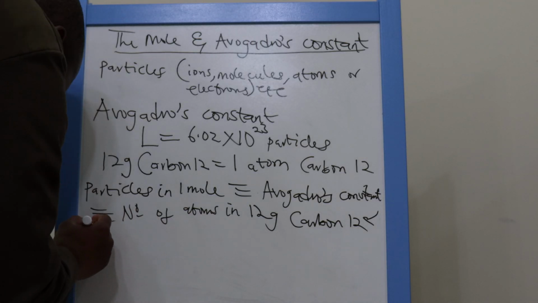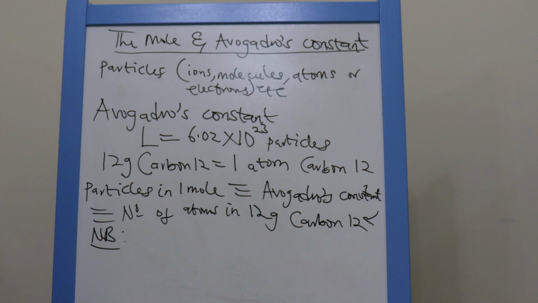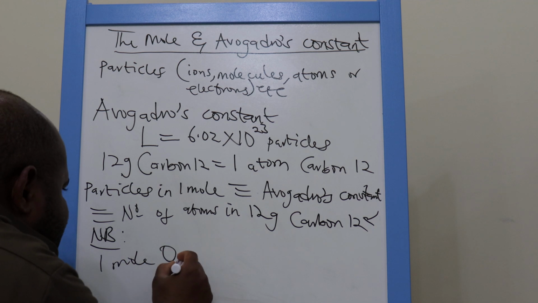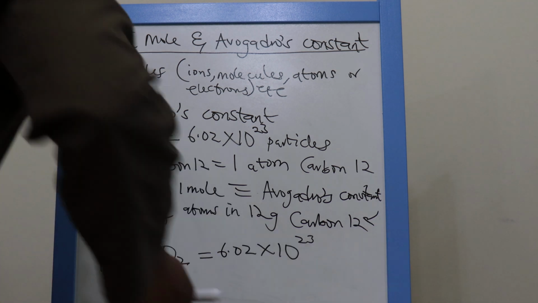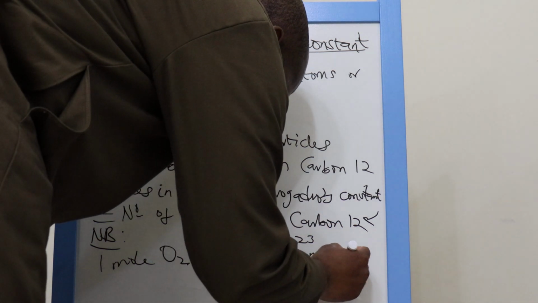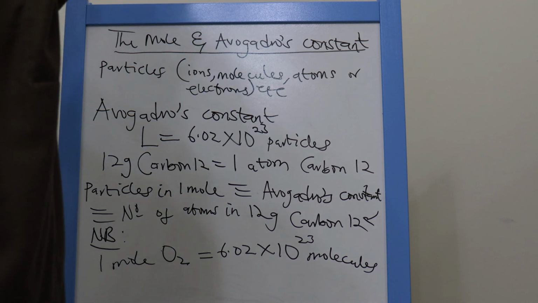However, we should note that 1 mole of oxygen gas contains 6.02 times 10 to the exponent 23 molecules, sorry, molecules, because O2 shows that it is molecules, not atoms.